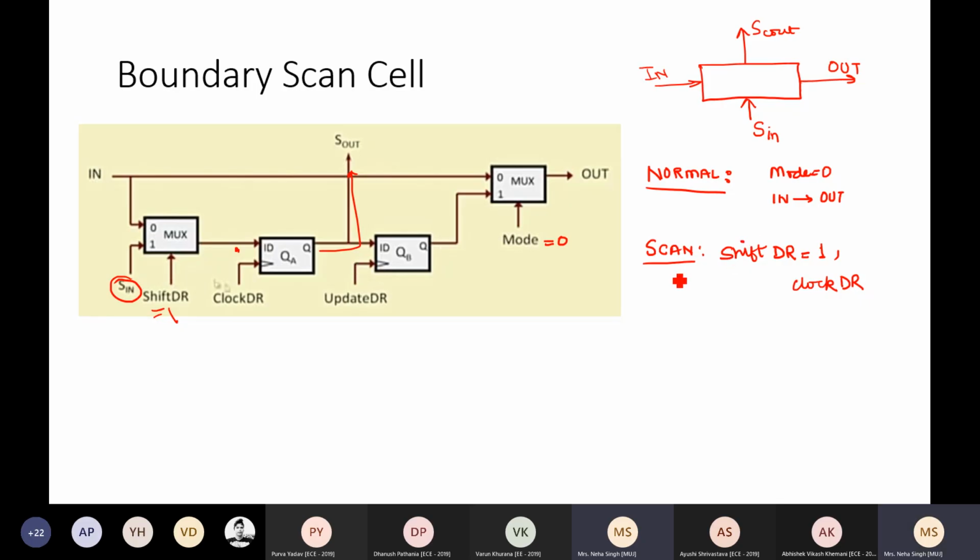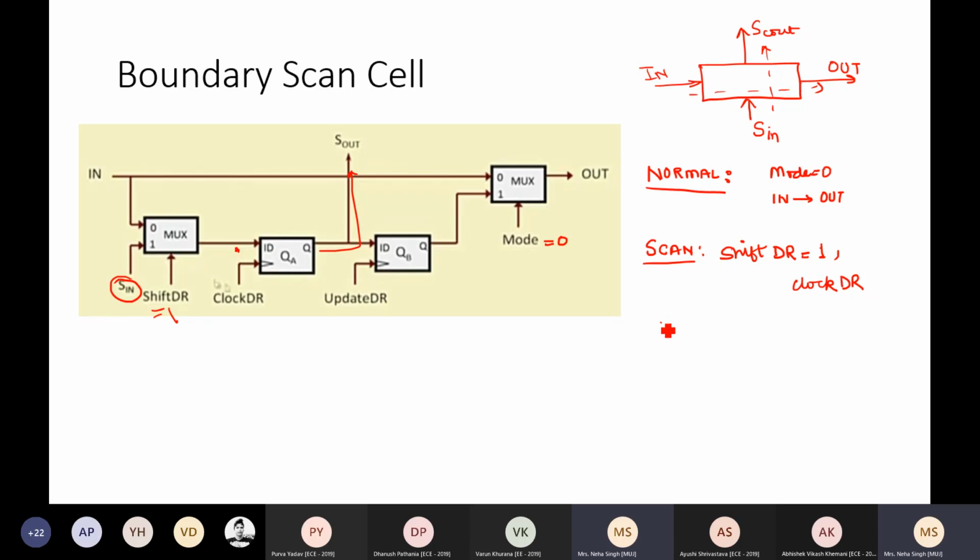So to scan, what do I have to do? I have to put shift DR equal to 1 so that the input data is not considered and only the scan in is considered when the clock edge occurs. Right? So I have my data transmitted from scan in to scan out.